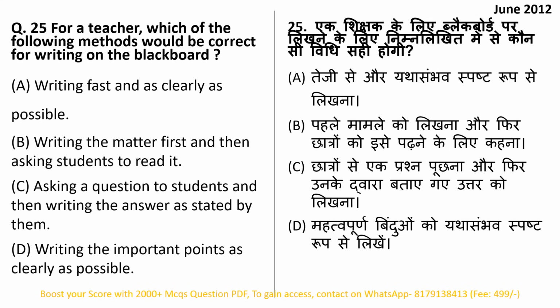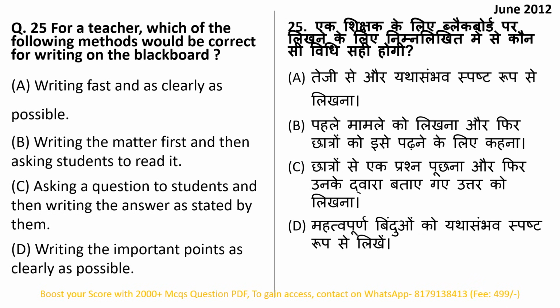For a teacher, which of the following methods would be correct for writing on the blackboard? Writing fast, as clear as possible; writing the matter first, then asking students to read it; asking a question to students and then writing the answer; writing the important points as clearly as possible.